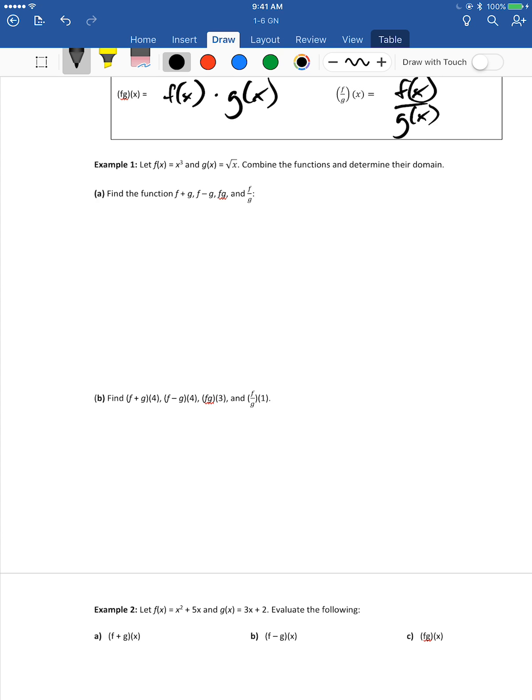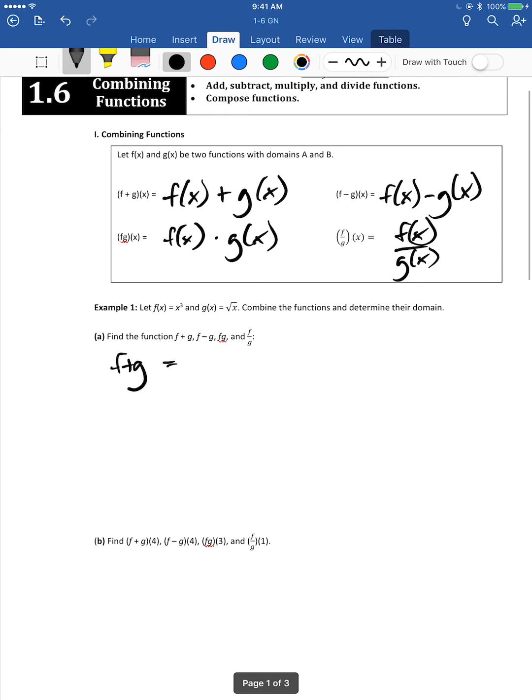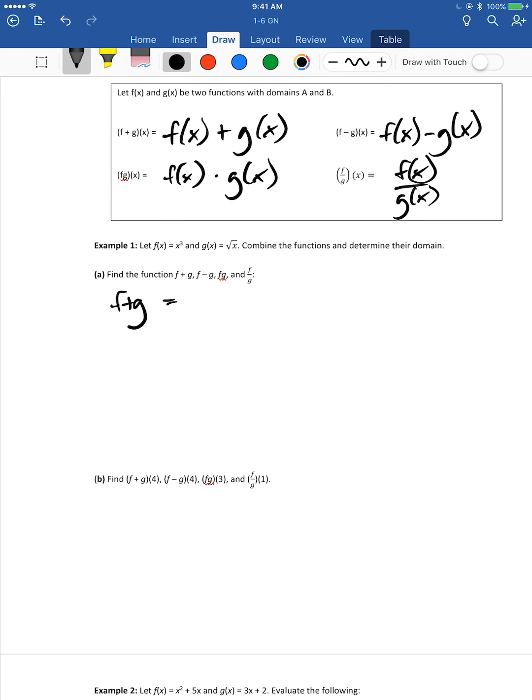So let's start with f plus g. We said this is the same, according to our definition up here, as f of x plus g of x. So we have our f of x here and our g of x here: x cubed plus the square root of x. That's it.